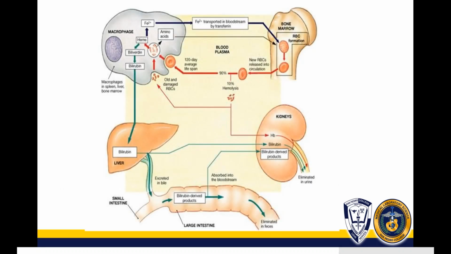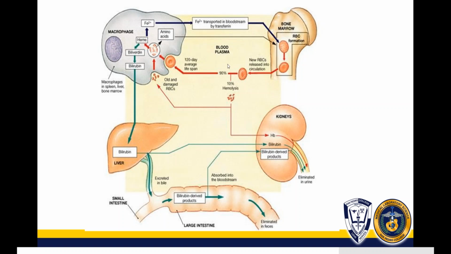So basically, this is what happens. Please do take note that about 10% of the RBCs are hemolyzed prior to their old age. That 10% hemolysis accounts for RBCs that are damaged.